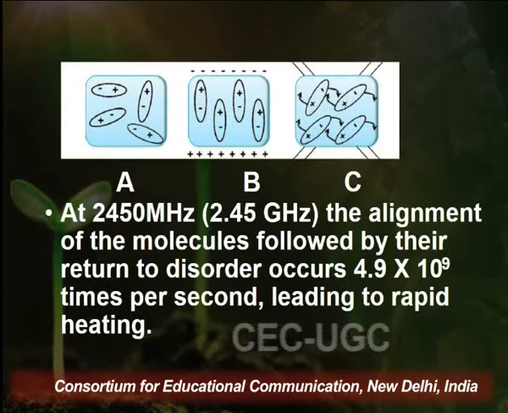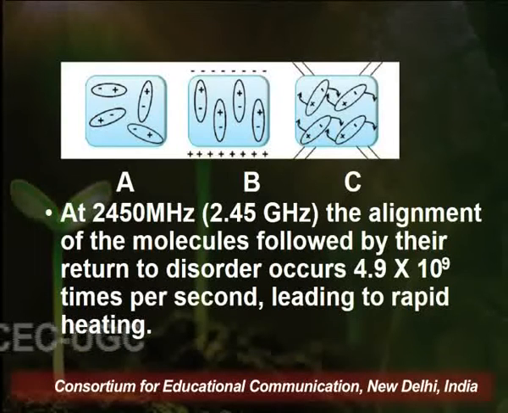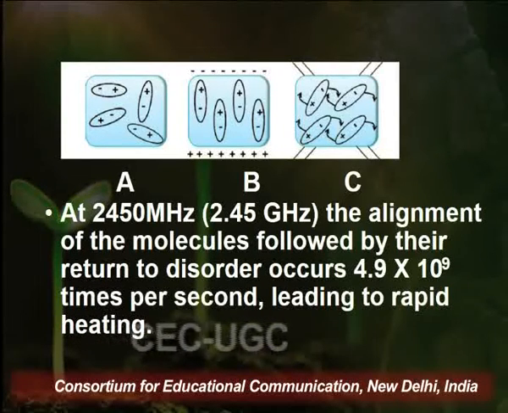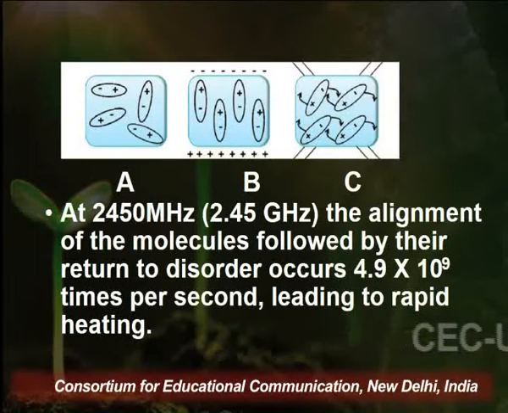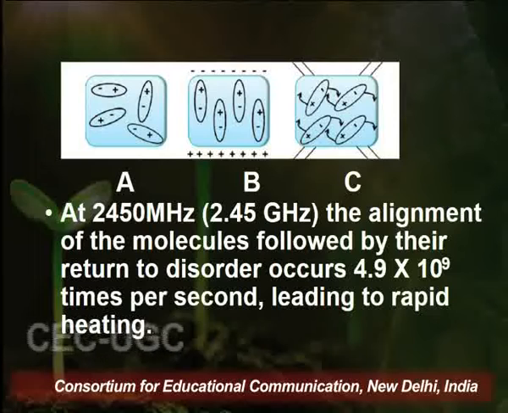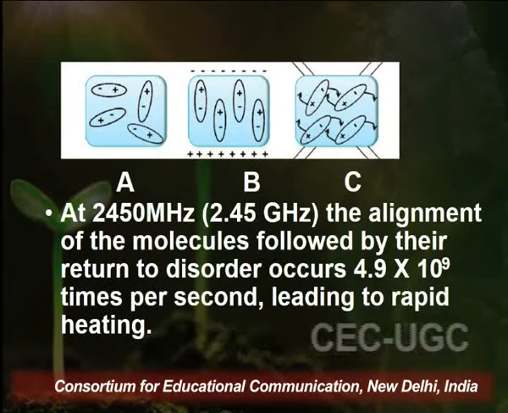Now you can clearly see the figure, the first figure, that is A. This represents the normal condition of the ions in a medium, and whenever they are exposed to a particular field, they align themselves in the direction of the field, and when the field is decreased, you can see in the third picture, again these molecules are disoriented, or the thermal disorder is restored.